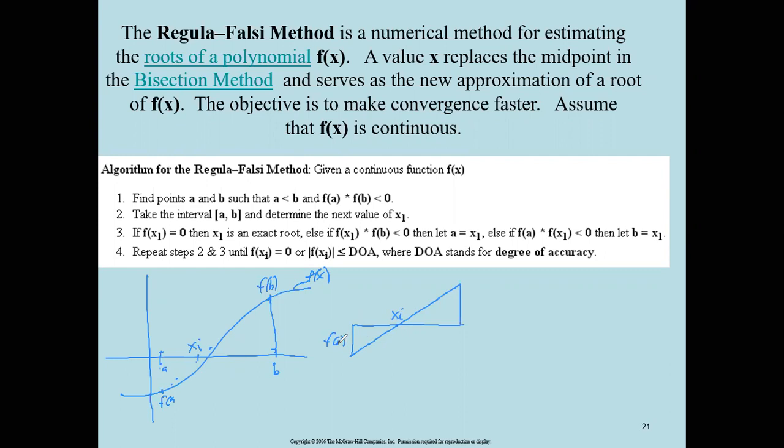So this is f of a, f of b. This part is b minus x of i, and this part is b minus a.